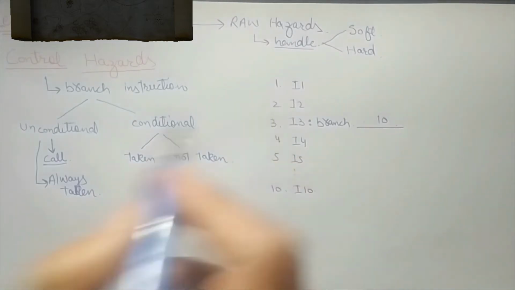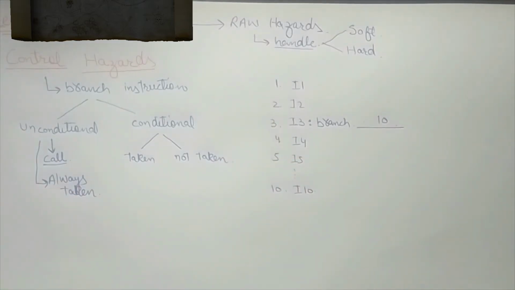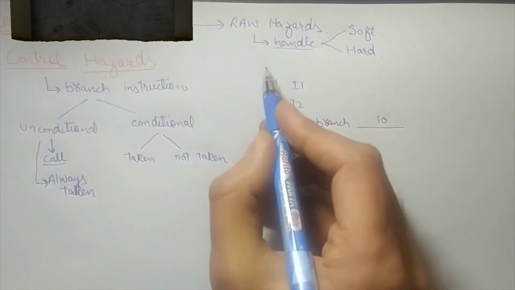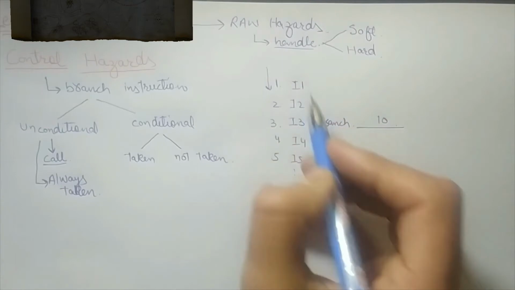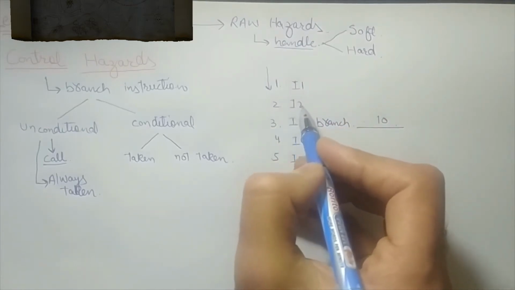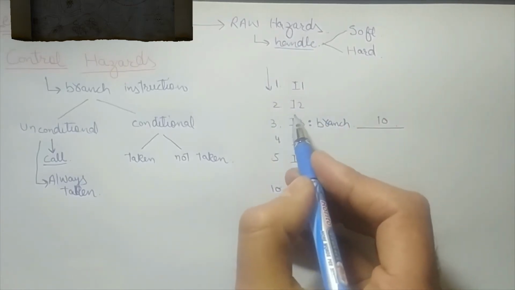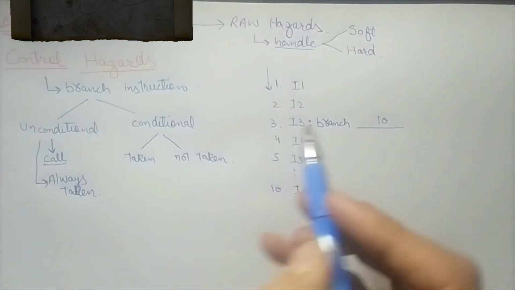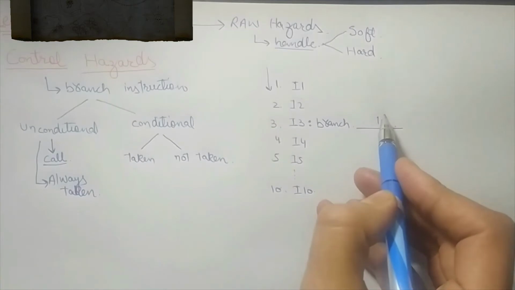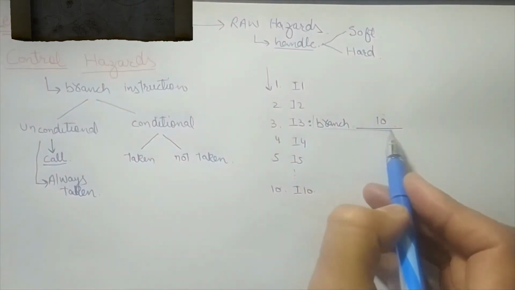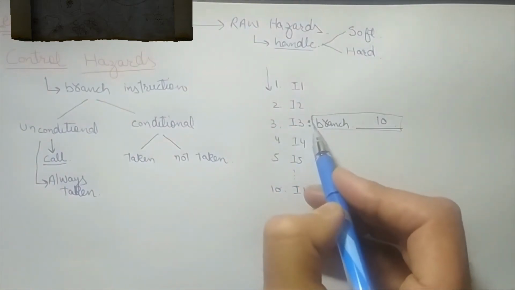Let's say we are executing this program. First we will execute I1, then I2, then we are going to execute I3, but we know I3 is a branch instruction, so we will check it.